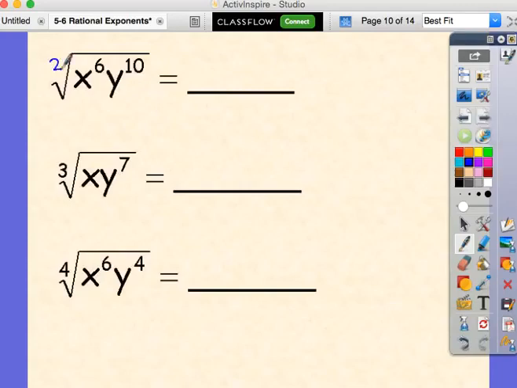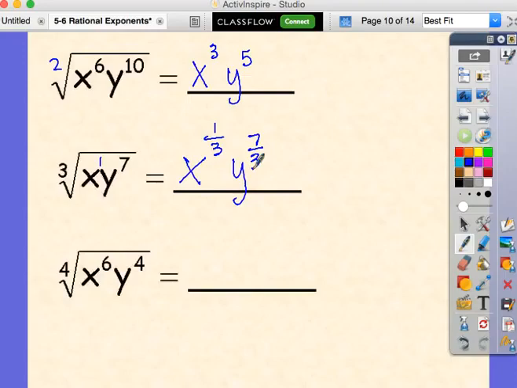Okay, so here, let's do this one. So x to the 6/2 would be x to the 3rd power. Y to the 10th/2 is y to the 5th power. Very good. Okay, the next one, this is x to the 1st power over 3. So x to the 1/3 power, y to the 7/3 power.